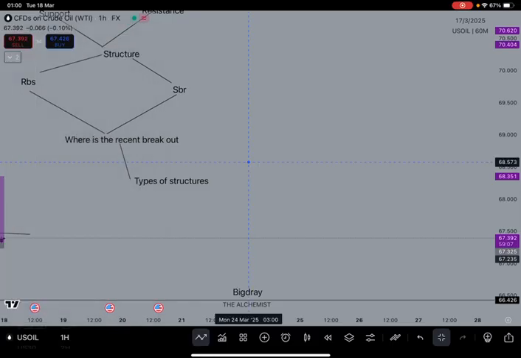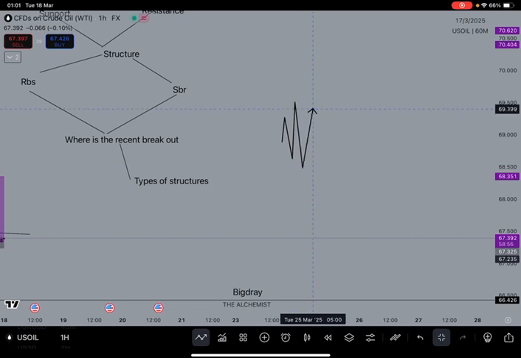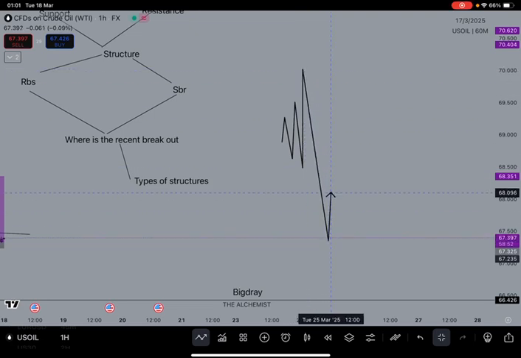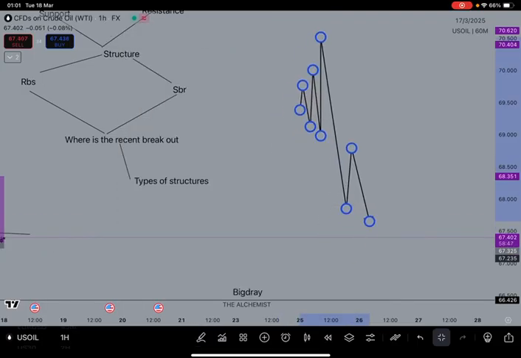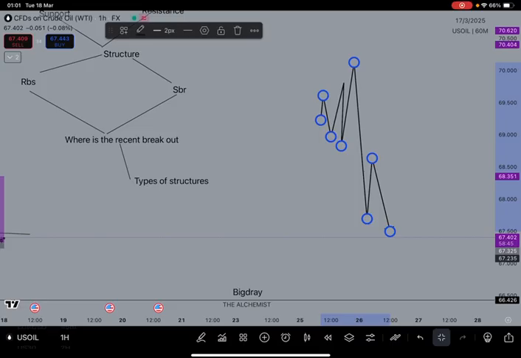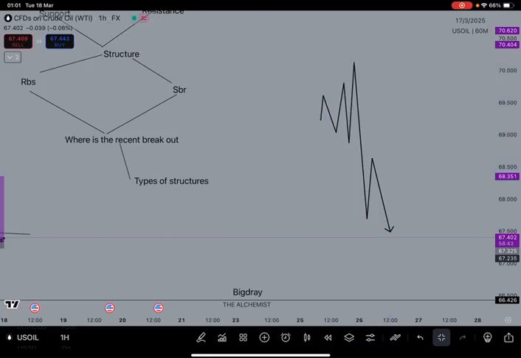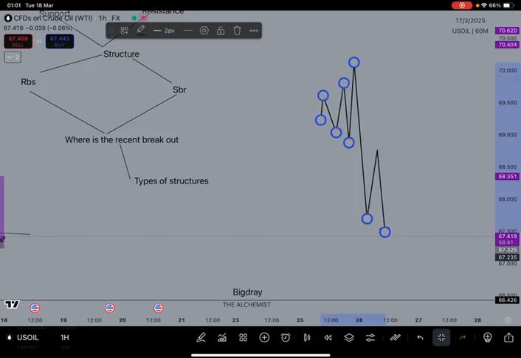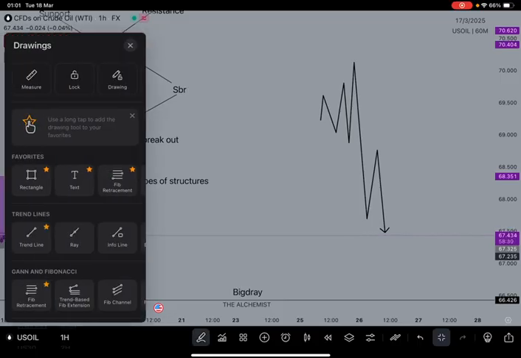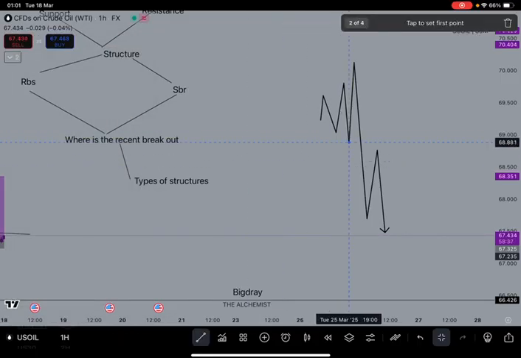sell an SBR, which is support became resistance, this is the type of structure you are looking for. You can see why this is a support.